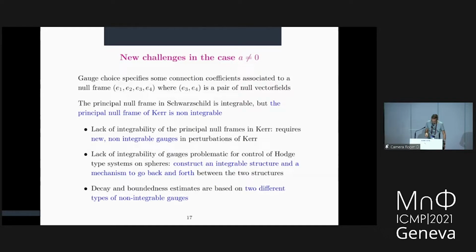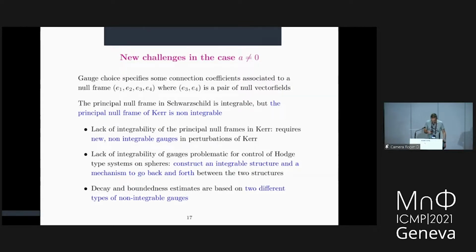And the reason this is problematic is because when you try to control a Hodge-type system of elliptic type on the spheres, then if the derivatives are not tangent to the sphere, this is never going to work. So here, the way we went around this problem is actually to construct yet another structure, this time integrable. In other words, you construct another null frame, which itself is adapted to the spheres. And of course, it is useless unless you find a mechanism to go back and forth between the non-integrable structure and the integrable structure.